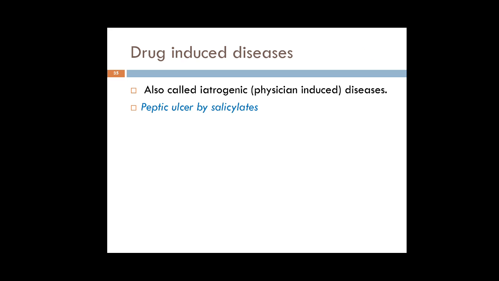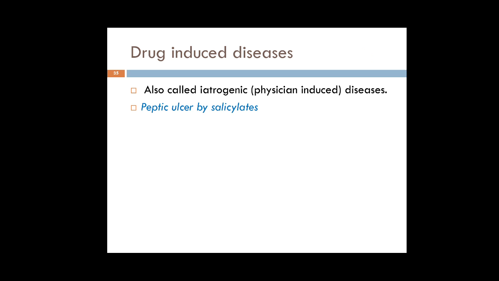Aspirin, Disprin, is a very commonly used drug as an antipyretic or analgesic. If we give aspirin, acidity problems can be there very commonly. And if it is used regularly, then the patient can develop peptic ulcer.